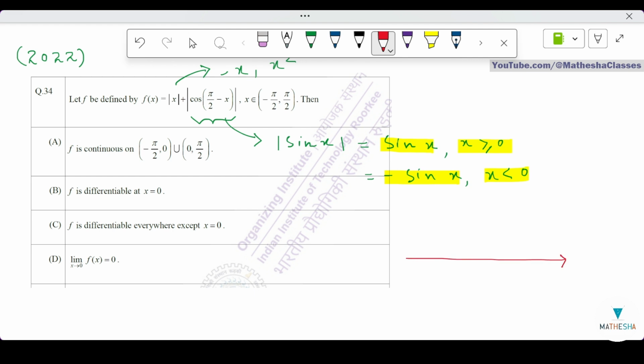Suppose this is the x-axis and this is the y-axis. Now note carefully, how does sin x look like? If this is the origin, on the right of it sin x will be behaving like that, and on the left of it, it will be like this.